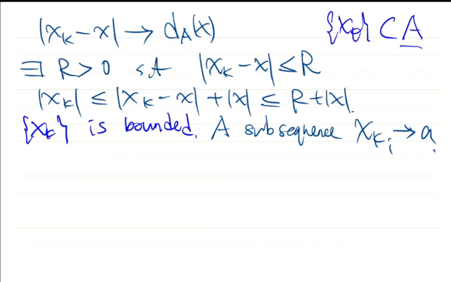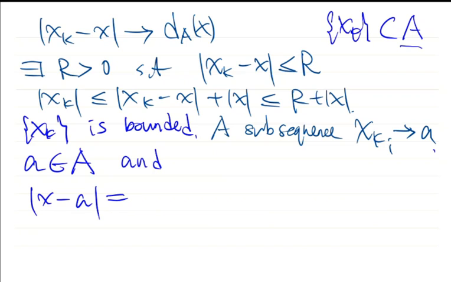This is our assumption. So a must be contained in A. Okay? And the distance from x to a is the limit, as i goes to infinity, of the norm of xki minus a. Okay? We know this is true.